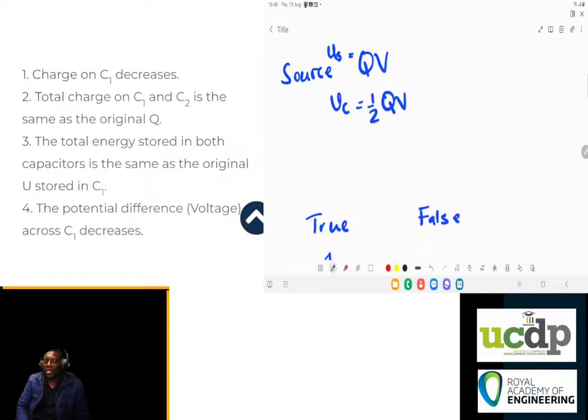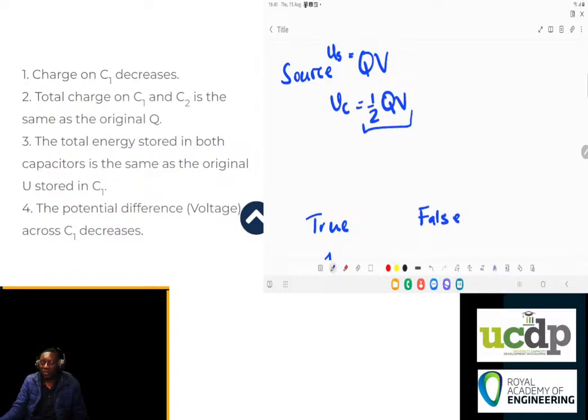So what is happening here is the energy that is basically coming from the source, half of it is used to store the energy in the capacitor. Remember, some energy is lost in the process whenever these systems are happening because of inefficiency. So half QV means we're simply using half of the energy that came from the battery to drive the charges through, right? So that's how we have half QV.